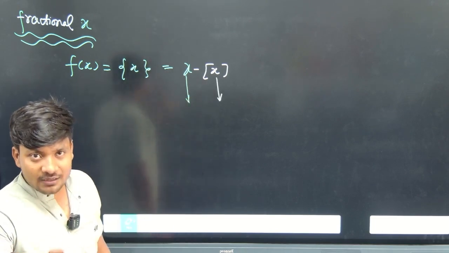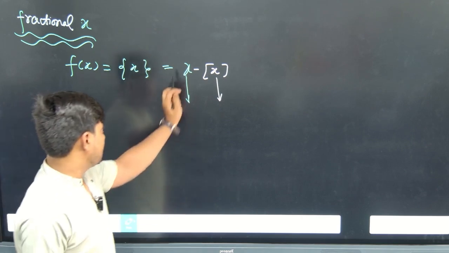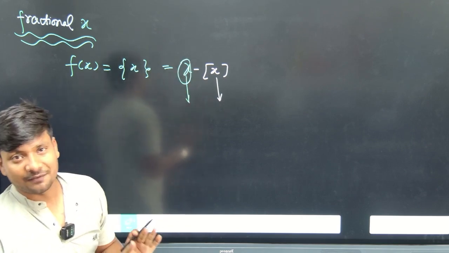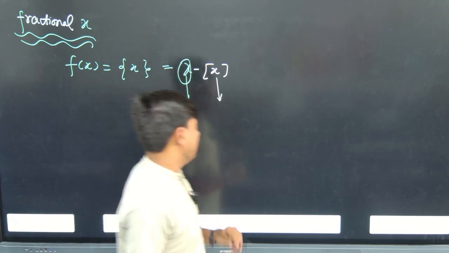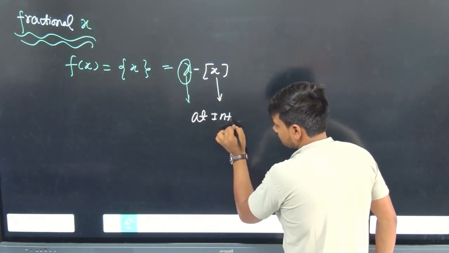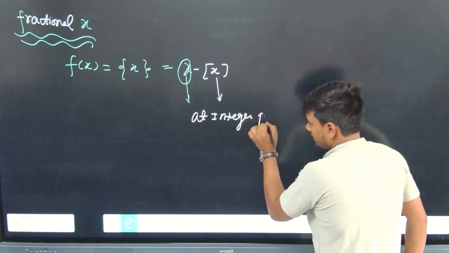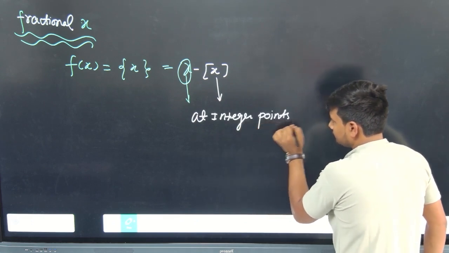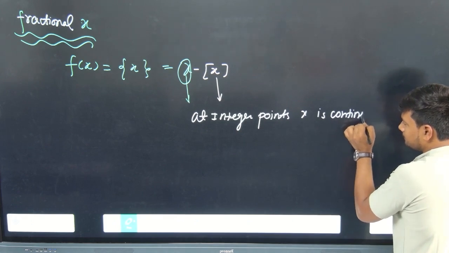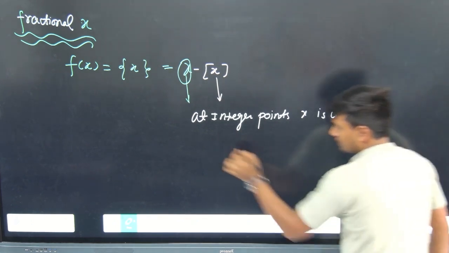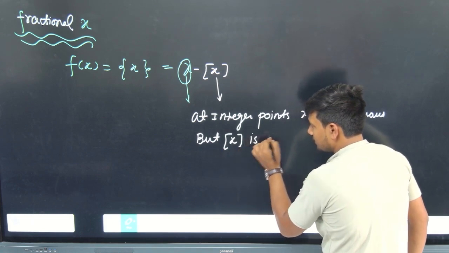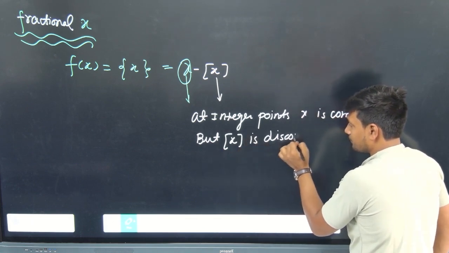So at integer points x is continuous because it is a linear function, but greatest integer x is discontinuous.